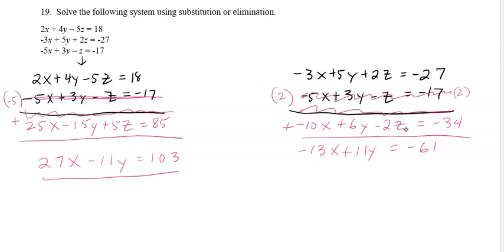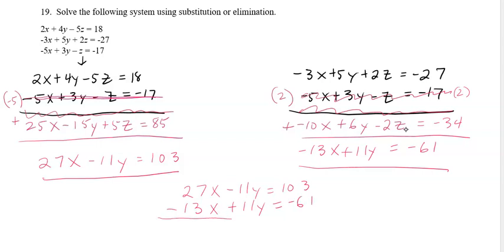Okay, so now these two equations that remain, you put those together and do elimination again. And it works out really well because the y's are going to eliminate automatically just by adding these two equations together.